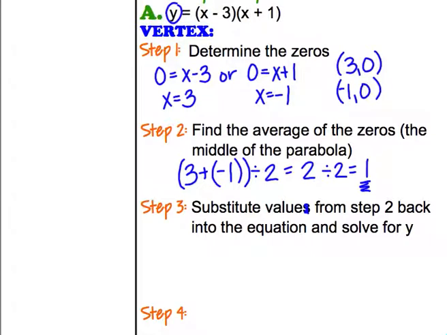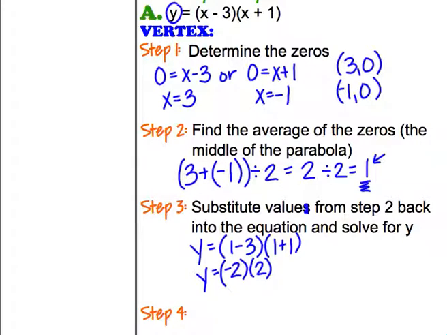I'll back up again so we can see. We've got y equals (1 minus 3) times (1 plus 1), because we got that x equals 1. So y equals negative 2 times 2, which equals negative 4.